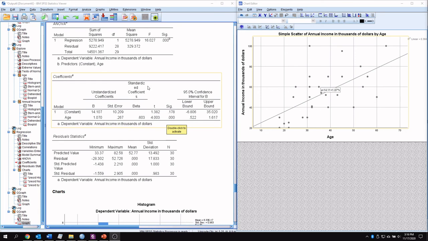If we look at the standardized coefficient, it's 0.603, and that is a standardized representation of our unstandardized coefficient. And it means that for every 1 standard deviation increase in age, we're going to see a 0.603 standard deviation increase for annual income.